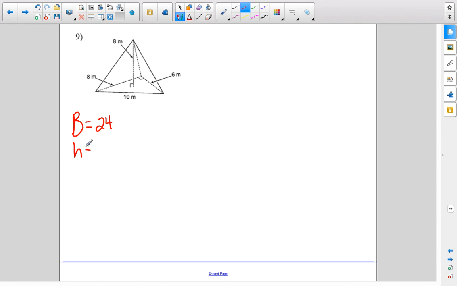The height of our triangular pyramid is 8, so our volume is 1/3 times our base times our height. 1/3 of 24 is 8, times another 8 would give us 64 meters cubed.